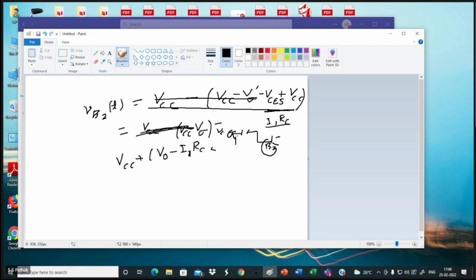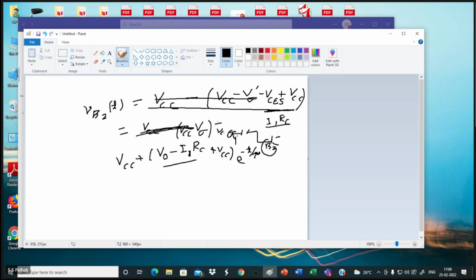I1RC plus VCC e to the power minus T by tau. Tau calculation will come later on. What is this? This is my VI, okay, minus VF or VCC. So there has to be a minus sign here, no? What is that? There has to be a minus sign here.